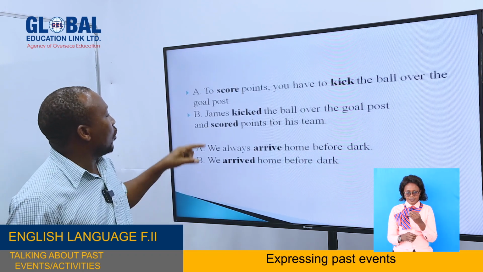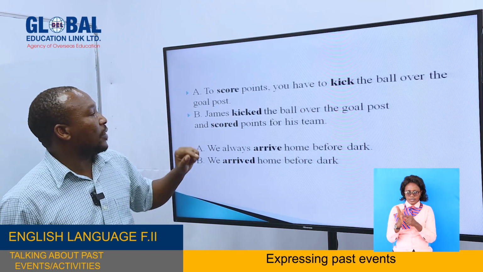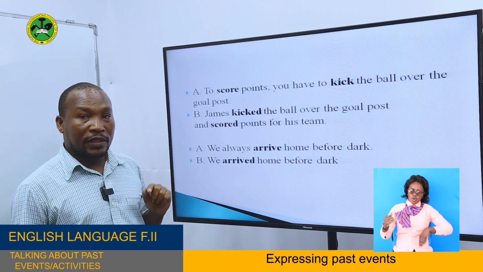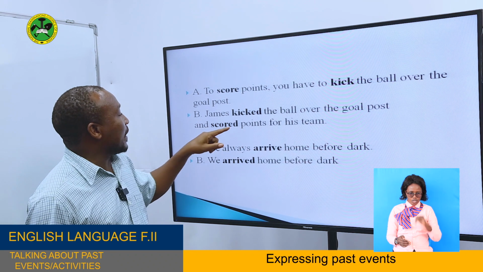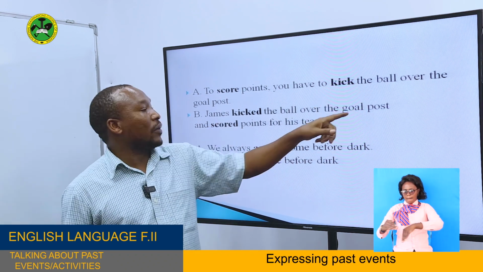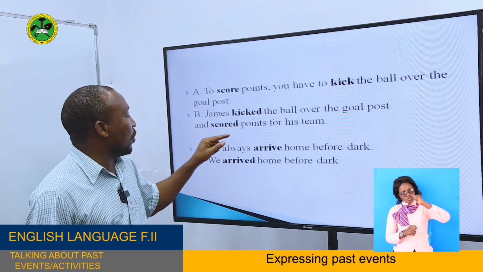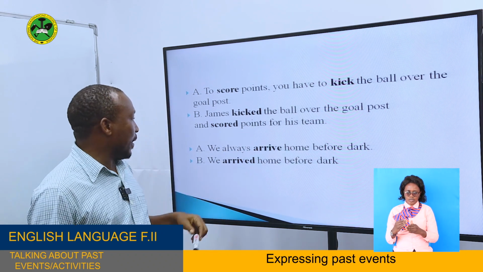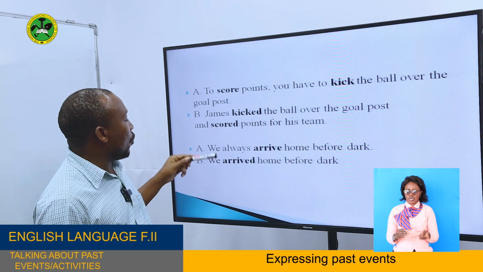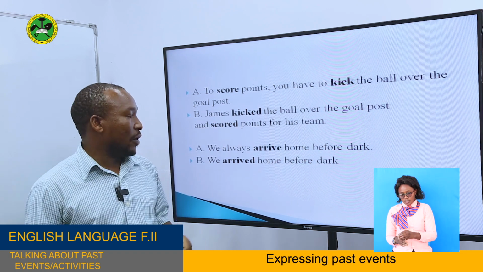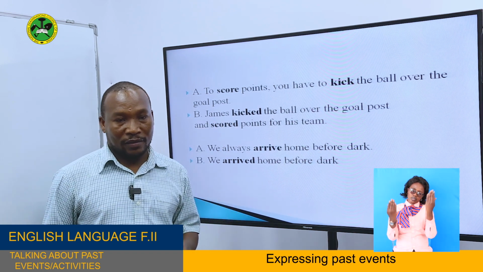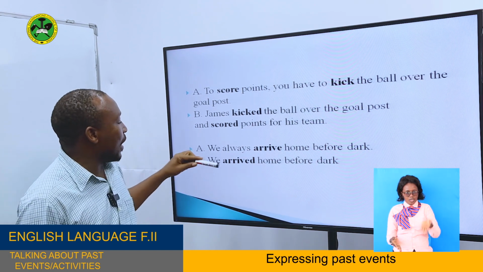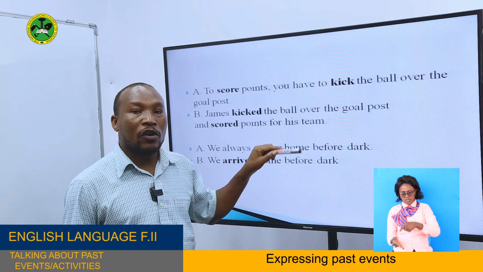Another pair. To score points, you have to kick the ball over the goal post. James kicked the ball over the goal post and scored points for his team. And the last example, we always arrive home before dark. That is simple present. Then past, we arrived home before dark.